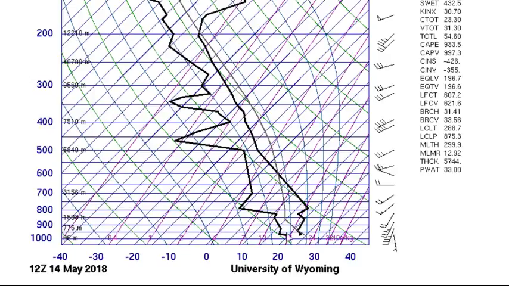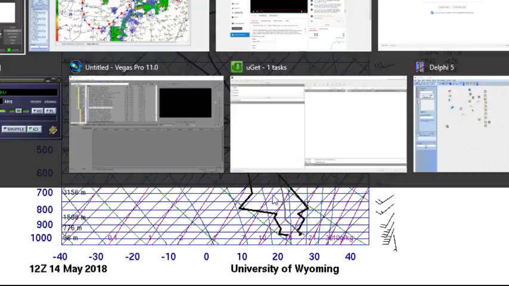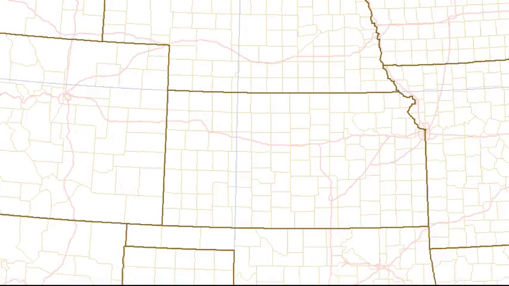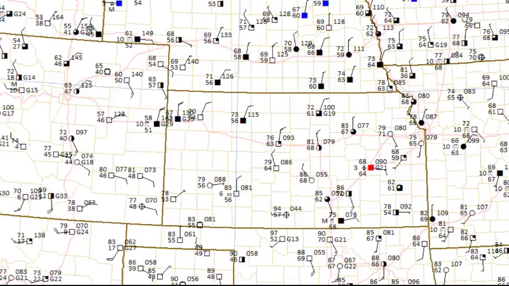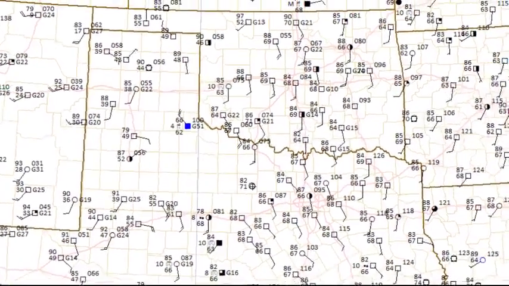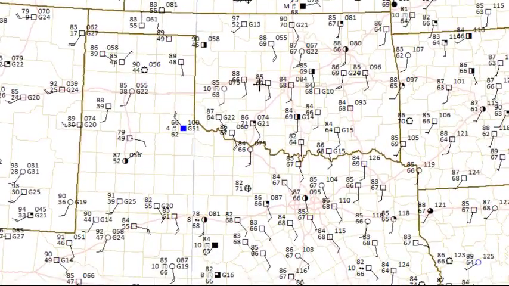So we can see that we started out with 67-degree dew points this morning. Let's see what happened during the day. Because as you mix some of that dry air down, you tend to see the dew points fall off during the day. And it appears that they've kind of held steady at about 68 there at Norman.